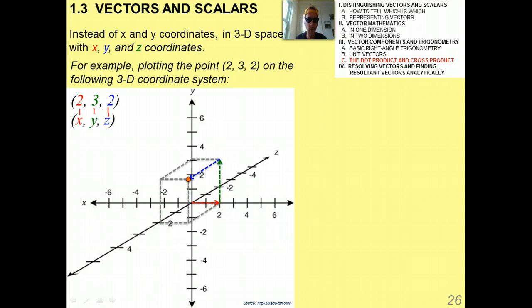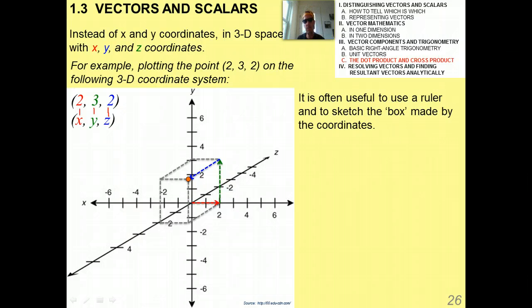Now you can think of it if you put a little 3D box around it. The point we're interested in, given by 2, 3, 2, is the corner of this box where the opposite corner is at the origin. Can you see that?